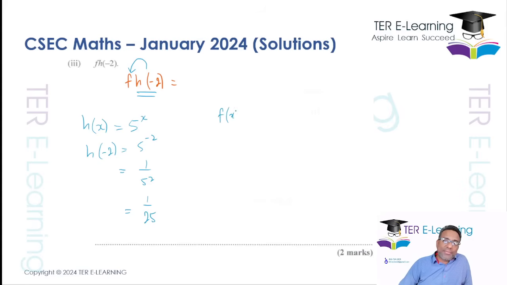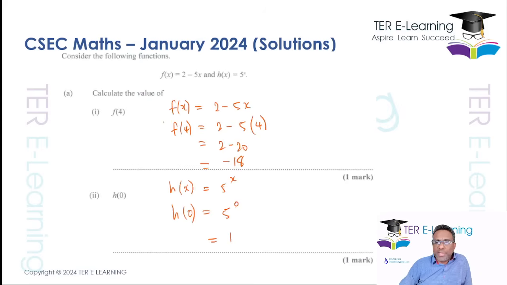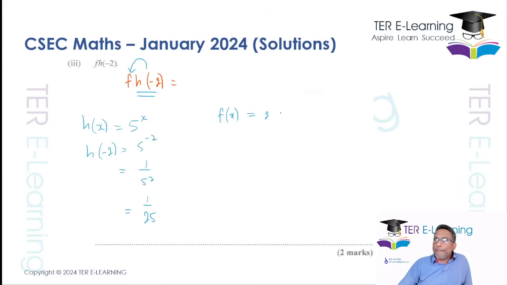So f of x, what is f of x again? f of x is 2 minus 5x. So what we do in here, we're going to find f of 1 over 25. So this is going to be 2 minus 5 by 1 over 25.